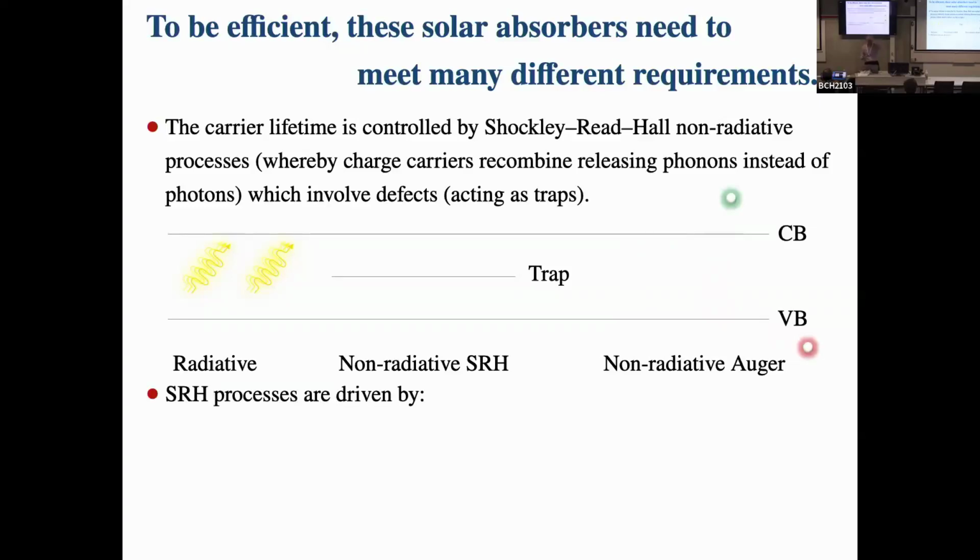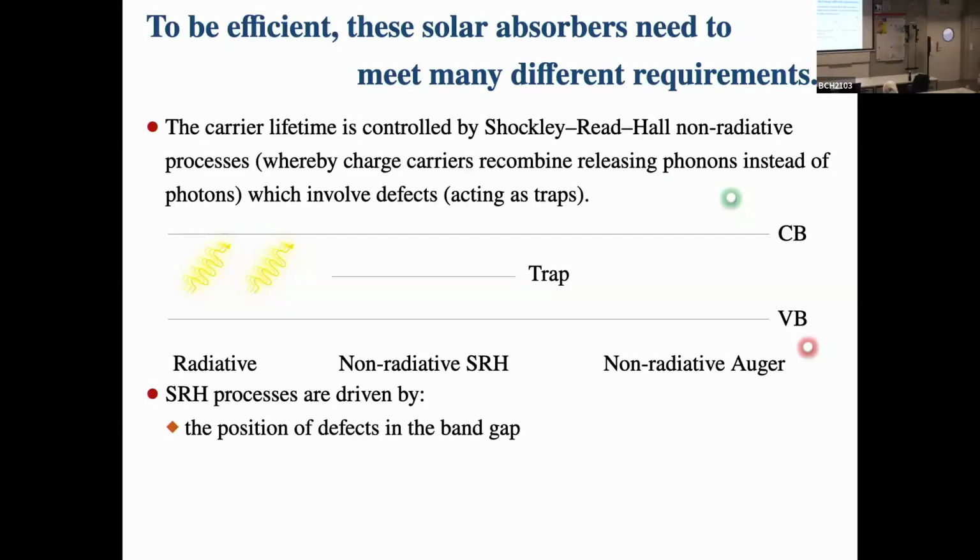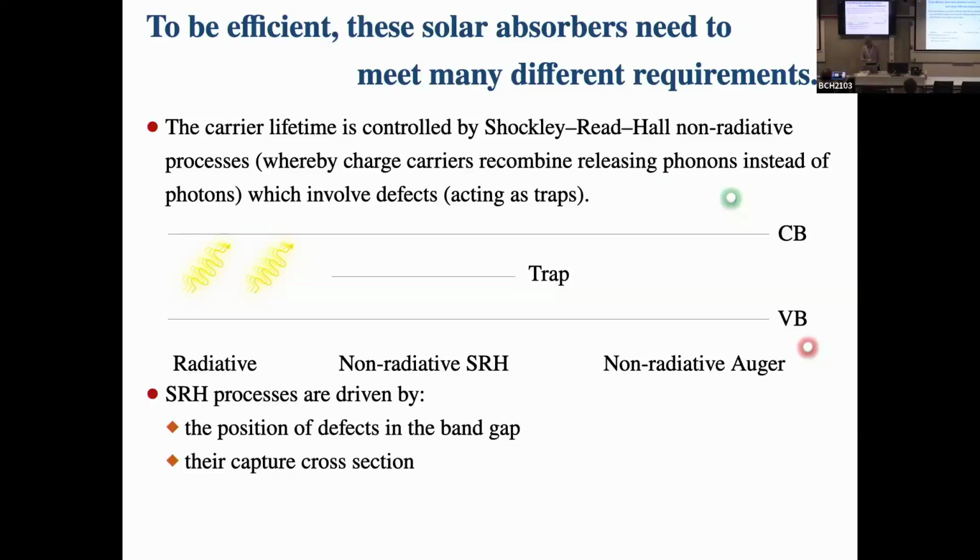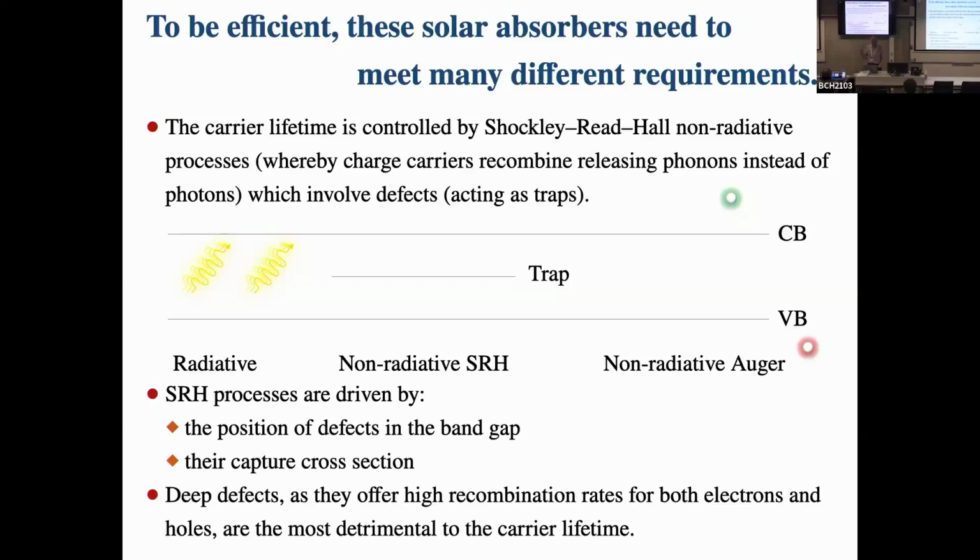Whereas the Shockley-Read-Hall recombination process is really driven by the position of the defect in the band gap. If you have a shallow defect that is close to the band edges, you've changed nothing compared to the radiative process. It also depends on the capture cross-section. The most detrimental position is when the electrons are in the middle of the gap, so the deep defects are really what matter.